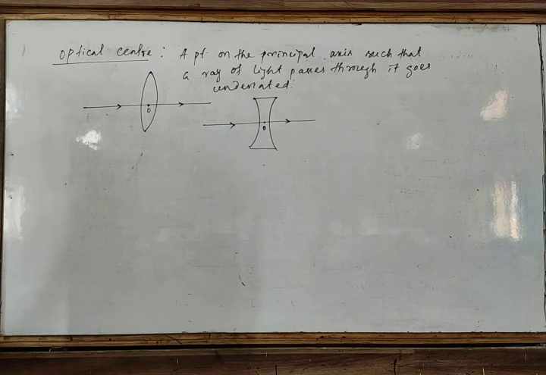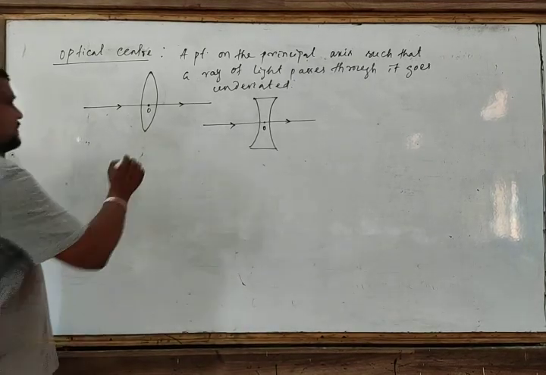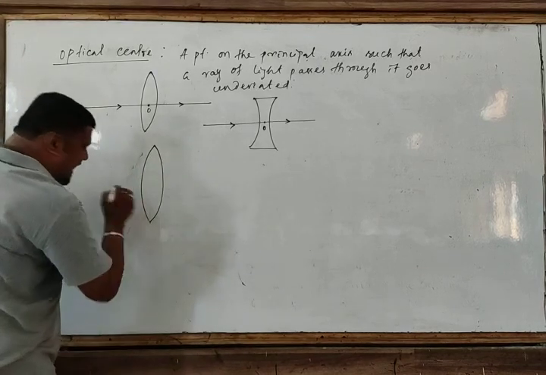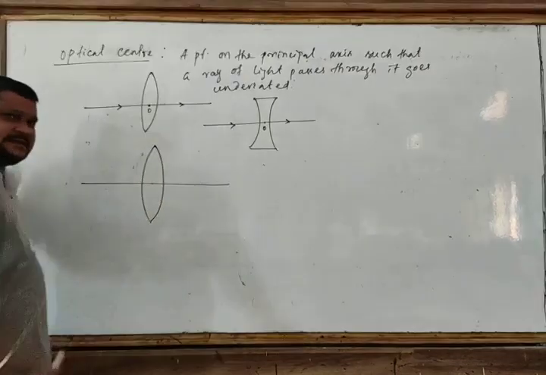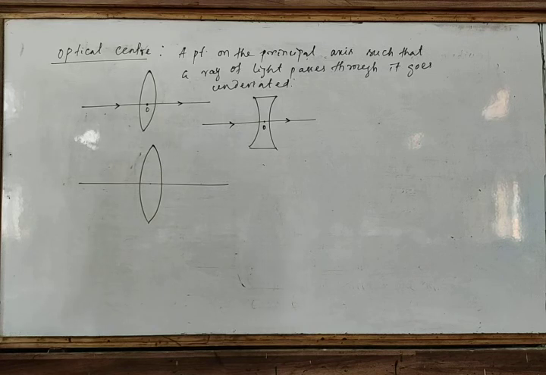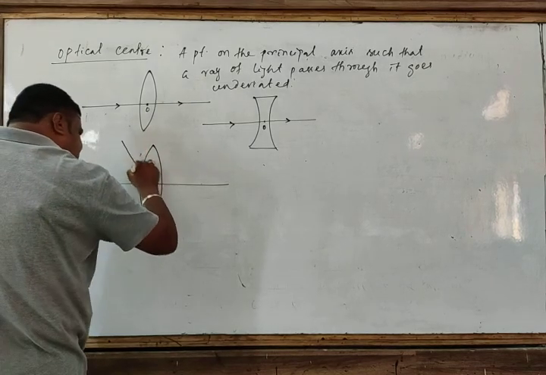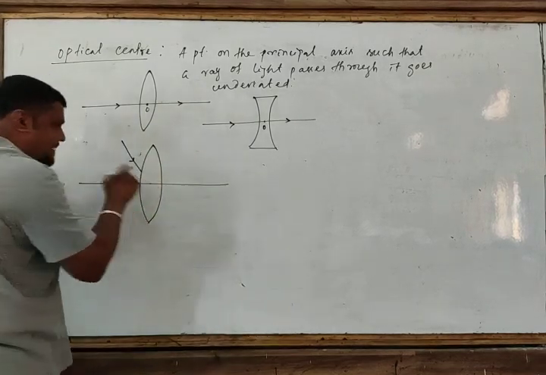Or you can say it is a point lying on the principal axis of the lens such that a ray of light whose refracted ray passes through that point, suppose a ray is incident like this, it gets refracted.